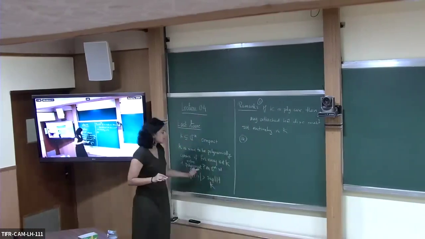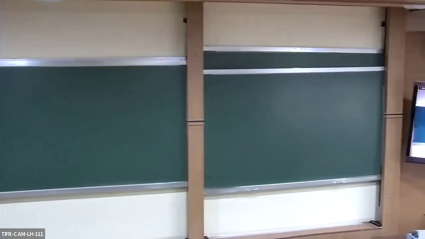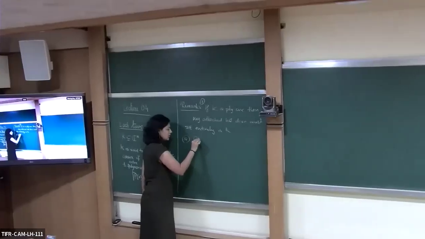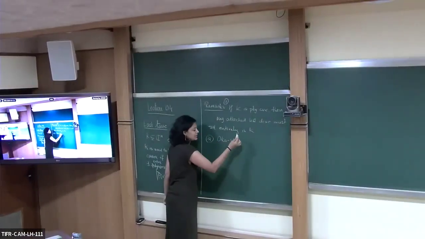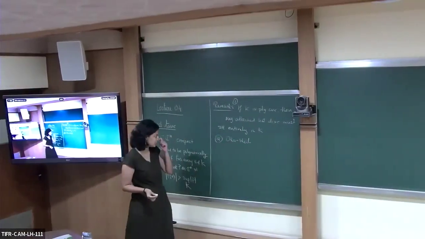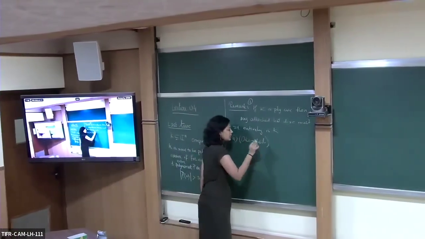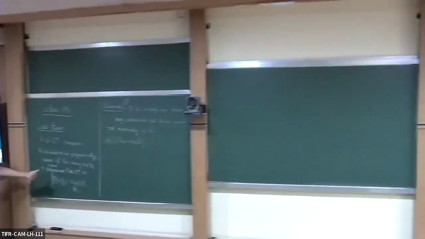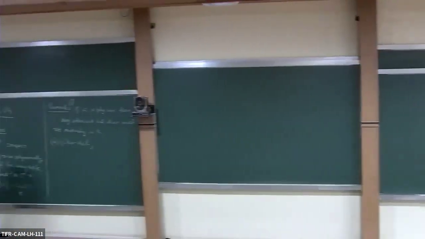I only said this verbally, I didn't write it down, but there are many reasons why people study polynomial convexity. One of the first reasons why this notion came up was to understand the following phenomenon.